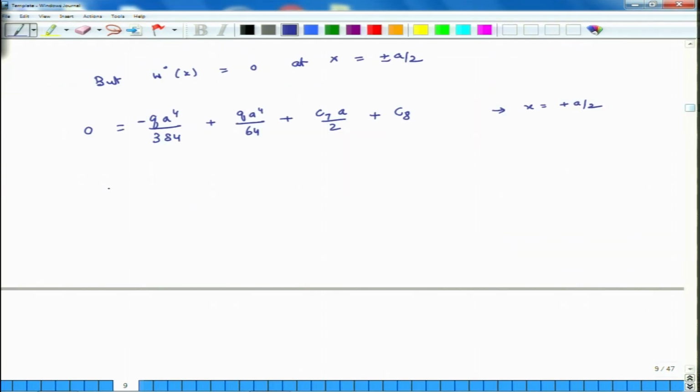And the other boundary condition is that W is 0 at x is equal to negative a over 2. So, this is equal to minus Q A4 over 384 plus Q A4 over 64 minus C7 a over 2 plus C8. Okay.